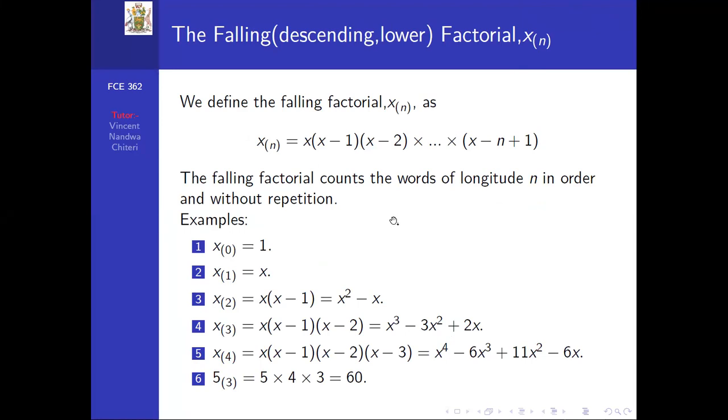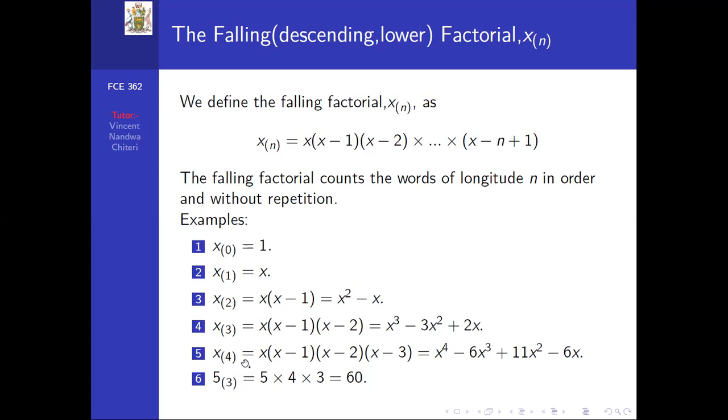As an example, when n is 0, the falling factorial is 1. When n is 1, we have x. When n is 2, we have x times x minus 1, which simplifies to x squared minus x. And when n is 3, we have x times x minus 1 times x minus 2, which simplifies to x cubed minus 3x squared plus 2x.